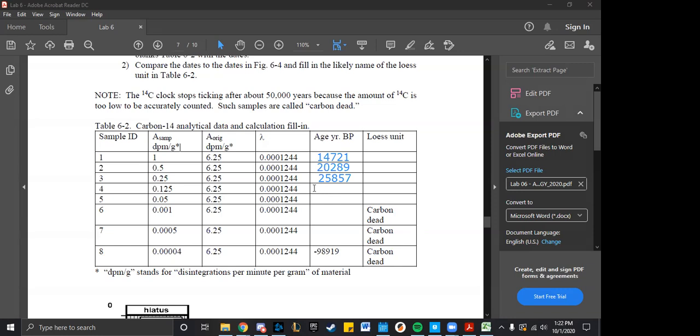So then what'd you guys get for the next one? I'm still doing mine. I got 31,425.